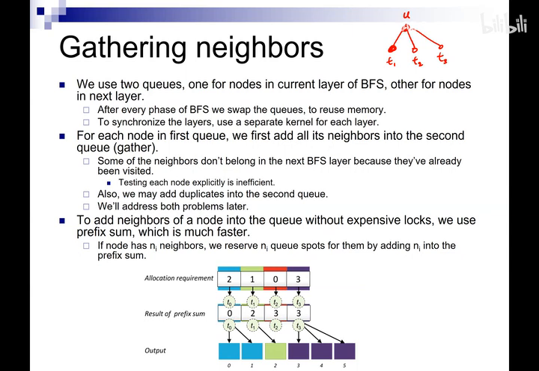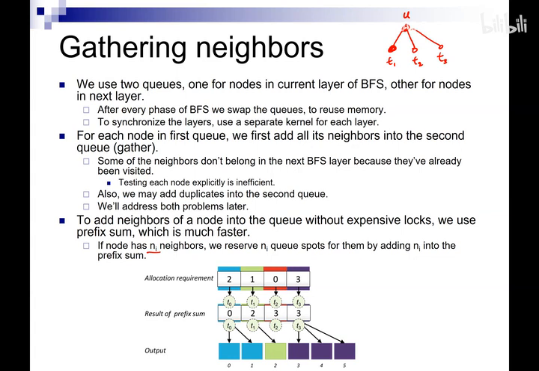The idea is that suppose each node knows how many neighbors it has, and how many things it wants to add into the queue. Suppose a node i has n sub i neighbors, so it wants to add all of its neighbors into the queue.